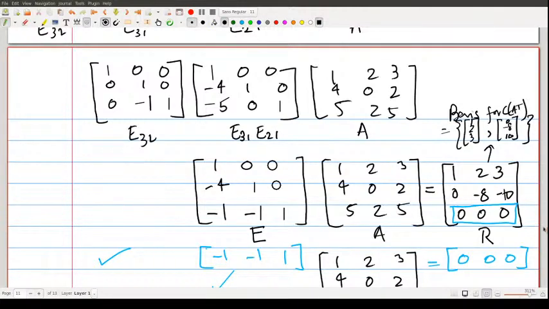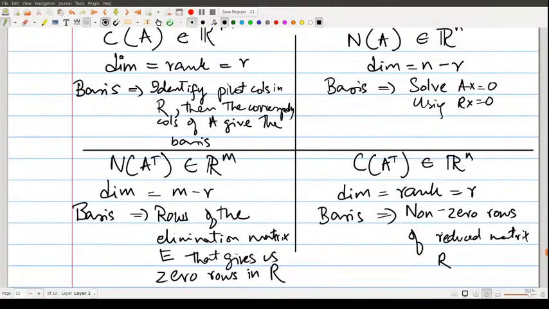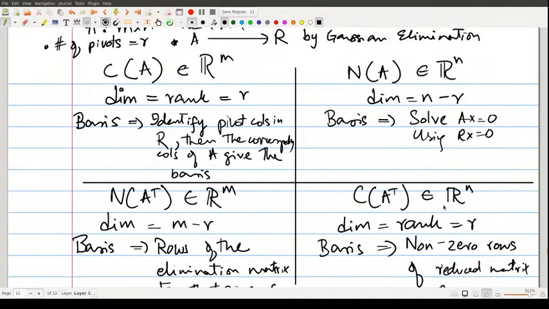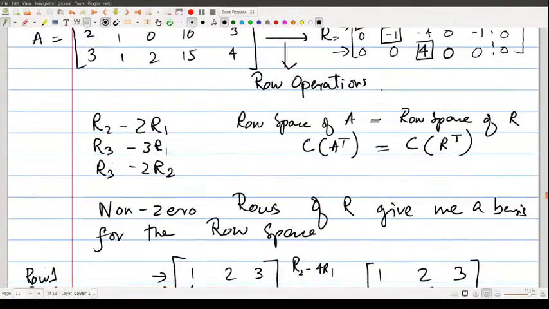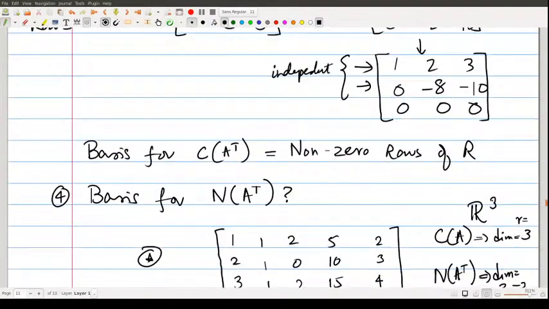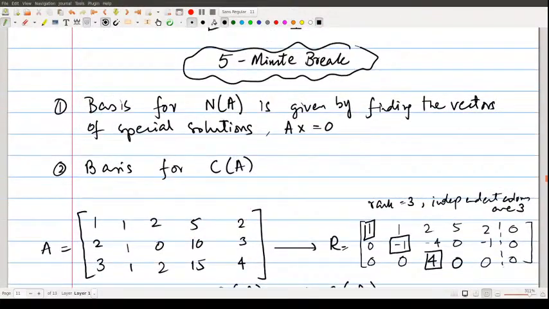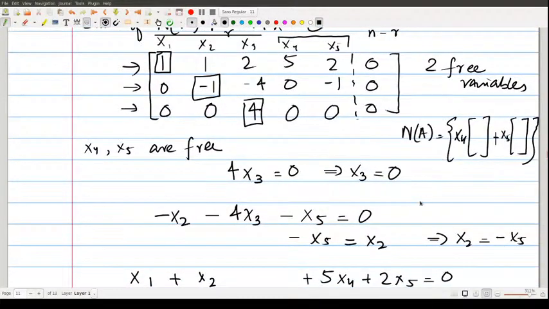The basis for the null space of A is given by the vectors of the special solution that we already found.